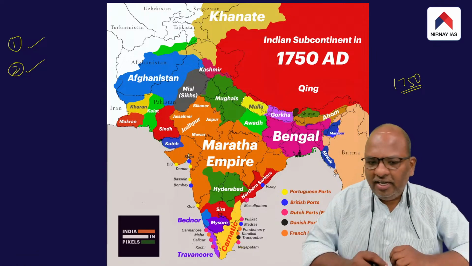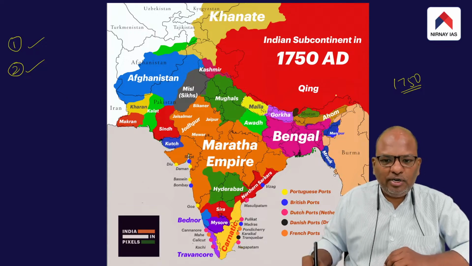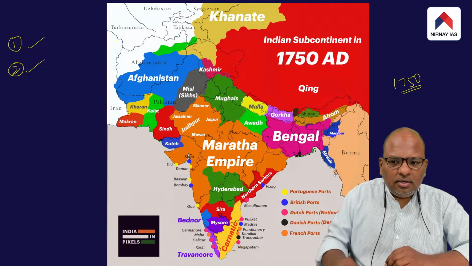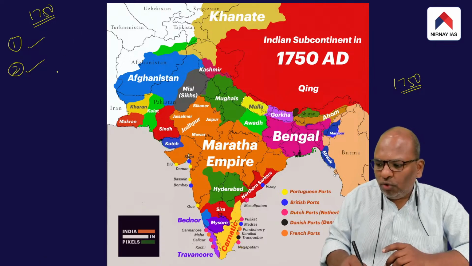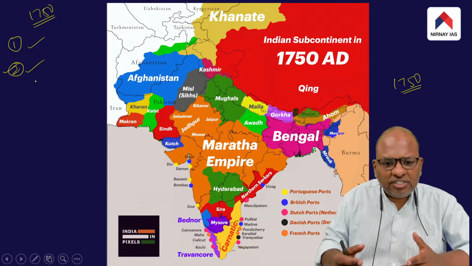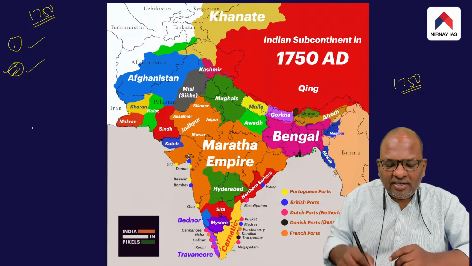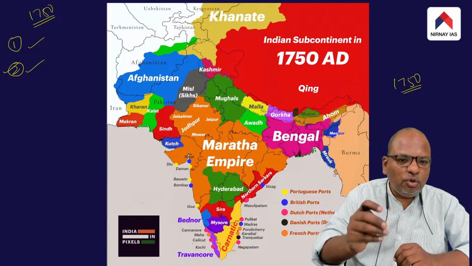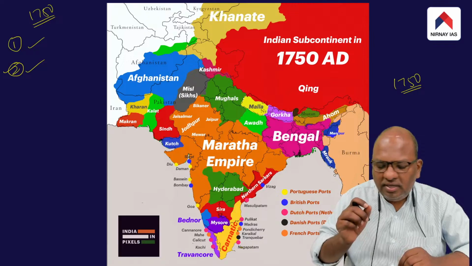Take a look at this map once again. This map clearly shows the various kingdoms that came into India by about 1750. Two developments happened till 1750: one, the disintegration of the Mughal Empire; second, the British, one of the five European trading companies operating in India, successfully defeated the remaining European competitors and emerged as a dominant economic power in India.